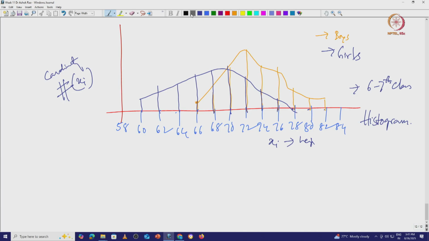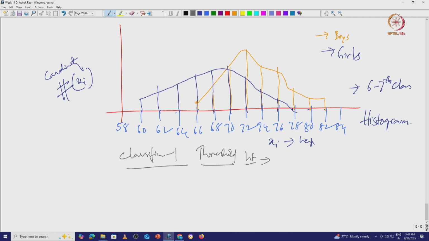Now, suppose I put classifier 1: I pick a threshold. The threshold is height, because the feature is height.